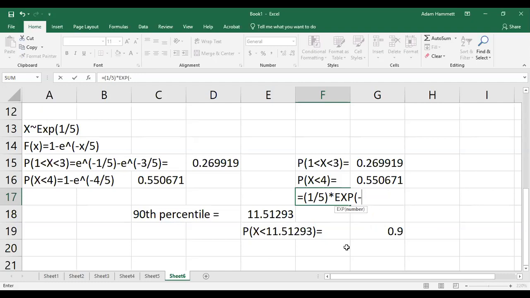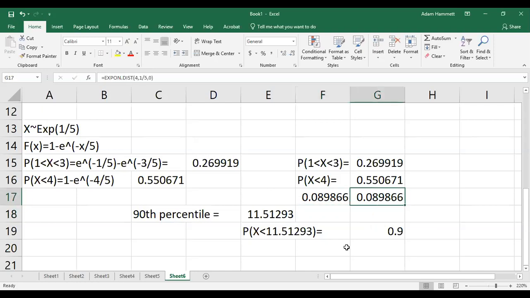And what was our X value in this case? 4/5, like this, watch. And what do you think this is going to be? I'm telling you, it's going to be exactly the thing that we just computed. Boom. Do you see that these are the same? So all Excel is doing is giving you the value of the density function. But that's not a probability. Does that make sense, hopefully? Yes. Thank you.